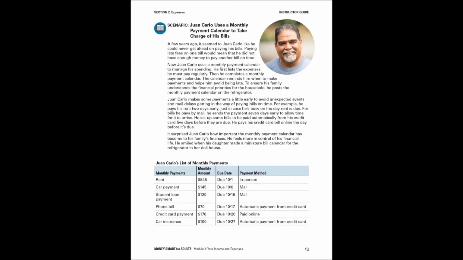What's great about this is that there are several expenses that he has, and the idea is to have participants really think through how he can place these expenses, their amounts, on the appropriate dates on the monthly calendar to help him plan when he pays them.